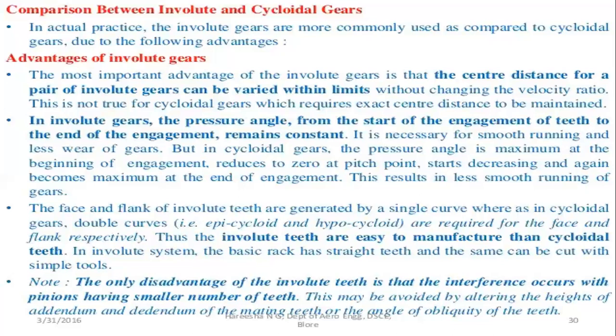This may be avoided by altering the heights of the addendum and dedendum of the mating teeth. This is adjusted from the pitch circle. The part above the pitch circle is the addendum, and the lower part is the dedendum.